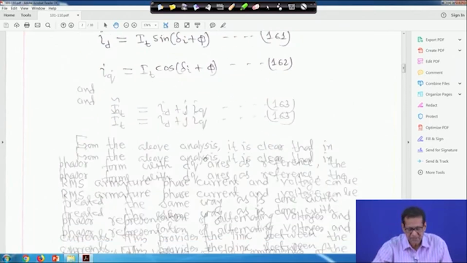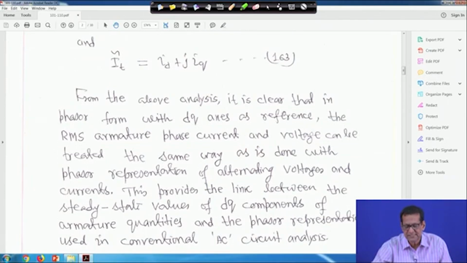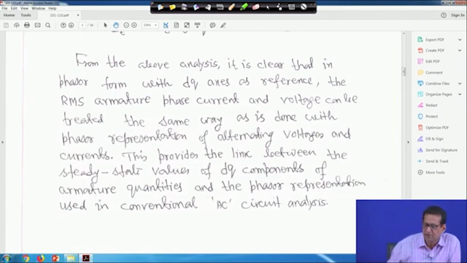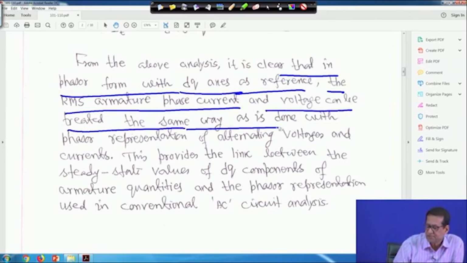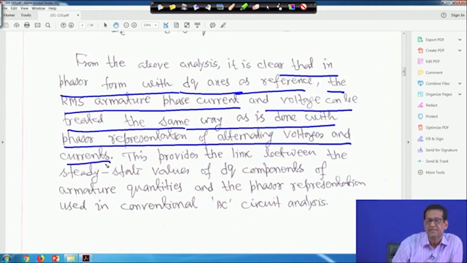From the above analysis, it is clear that in phasor form with DQ axis as reference, the RMS armature phase current and voltage can be treated the same way as is done with phasor representation of alternating voltage and current. So, this is the way we represent phasor quantities in AC.